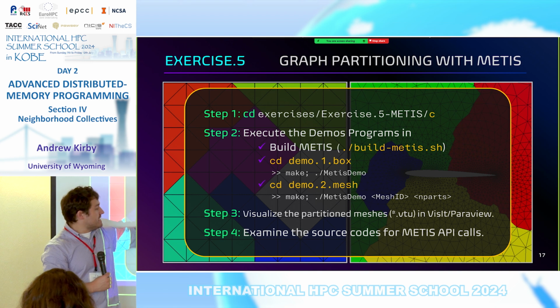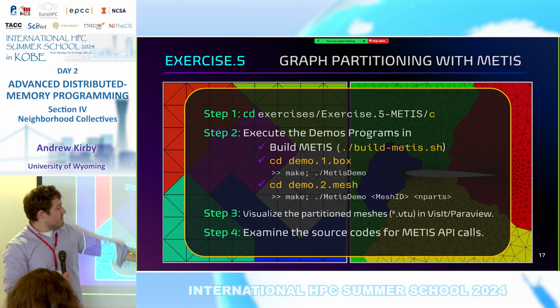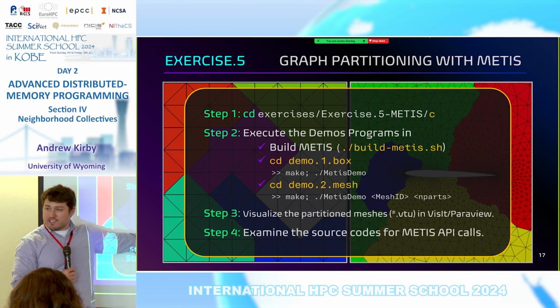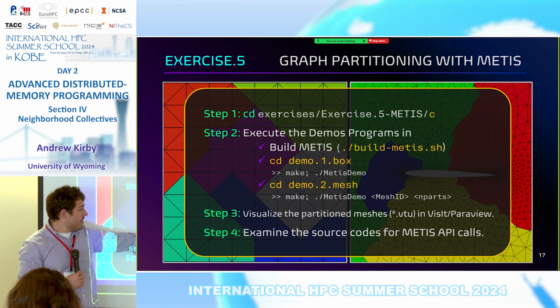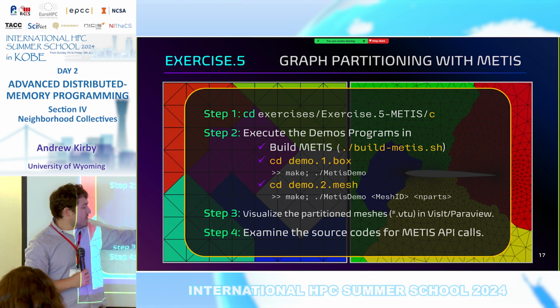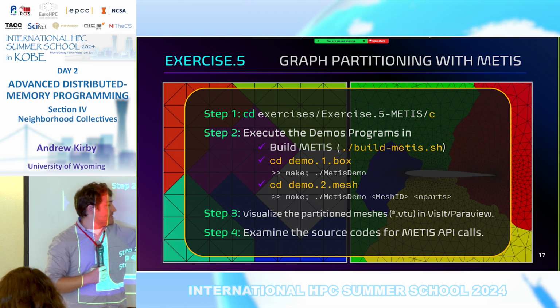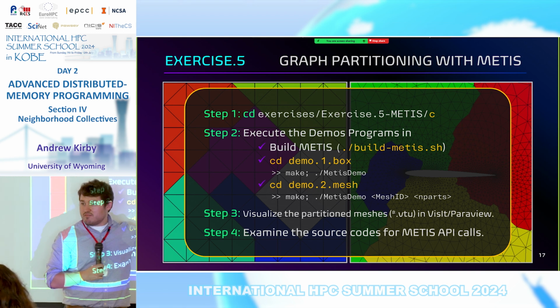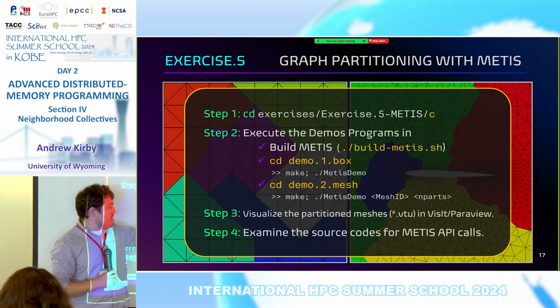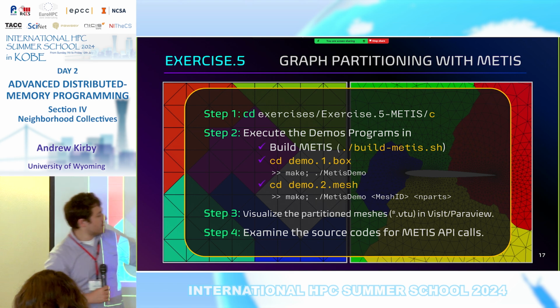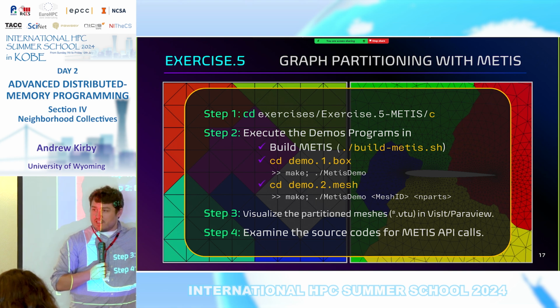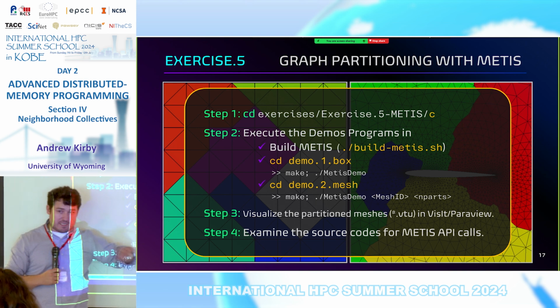Okay. So in demo2.mesh, if you go into that one and you type make, it's going to build it. And then you can run this program called Metis demo, and it'll take optional arguments. If you just run it with this, it's going to give you this box thing, and it's going to partition it, I think, on 2 or 4 ranks by default.